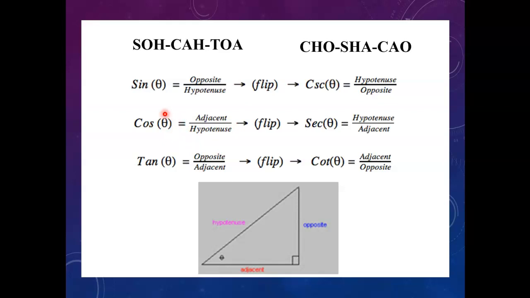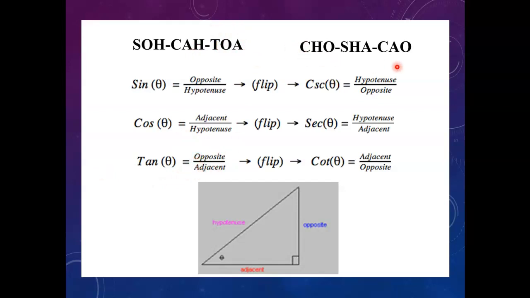If you notice, the initial of cosine is C, and the initials of its numerator and denominator are A and H respectively. So this is CAH. Cosine equals adjacent over hypotenuse. And then the TOA, of course, is tangent equals opposite over adjacent.